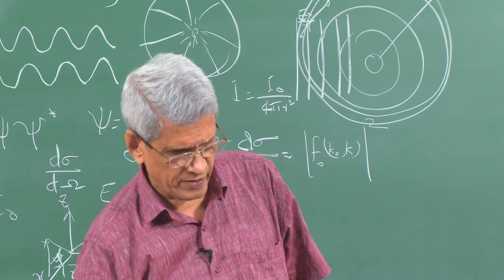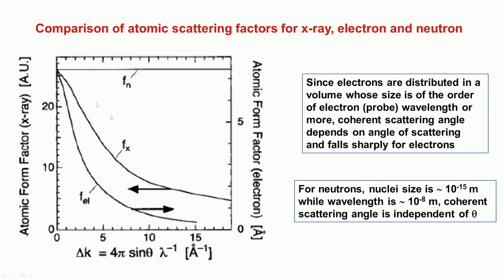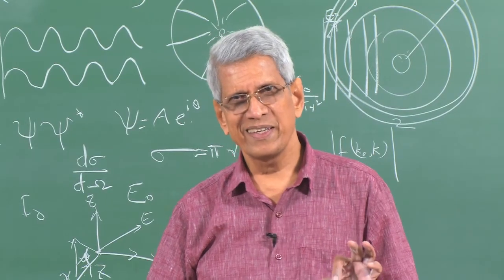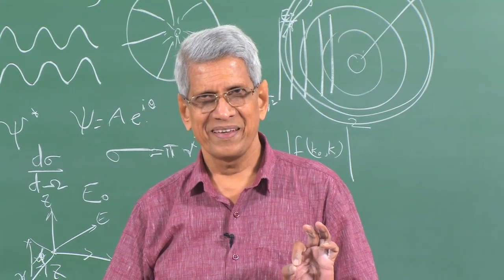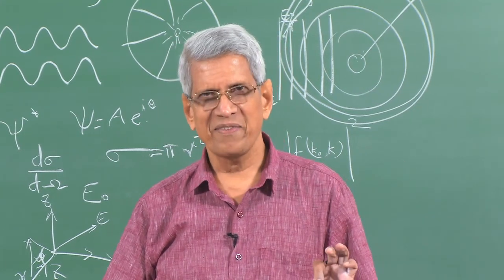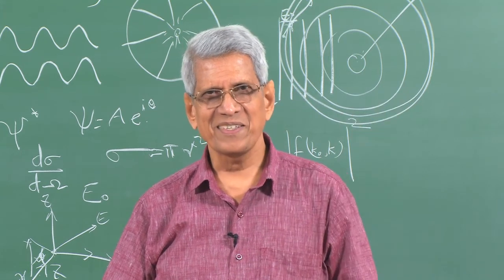In the case of X-ray, if you look at the way f_x drops, it is rather not that sharp, because this is a normalized plot, whereas in the case of an electron it drops very drastically. Why does it happen? Because for X-ray the wavelength is almost the same as the interatomic spacing, right, whereas in the case of electron diffraction the energy of the electrons is very high.